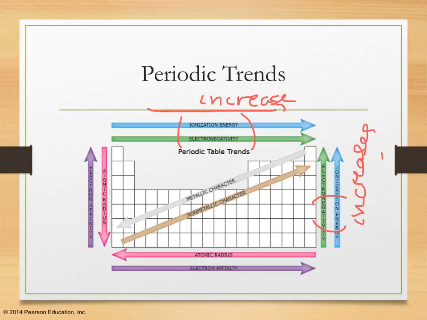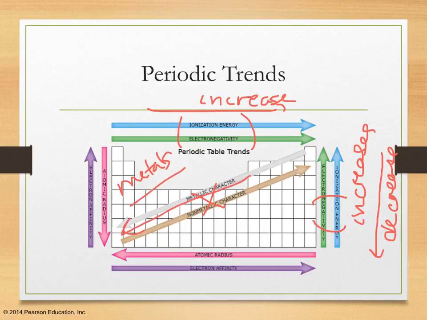It would be perfectly fine to write an arrow pointing down and say decrease too. They say the same thing. We didn't really go over metallic character. If you ever see it, the metals are obviously located on the left-hand side of the table, so you're going to have more metallic character going to the left.